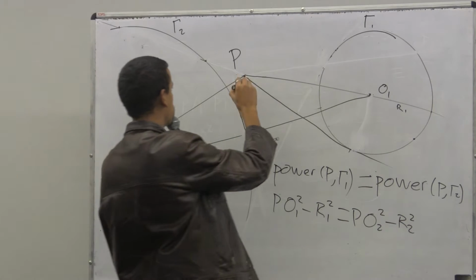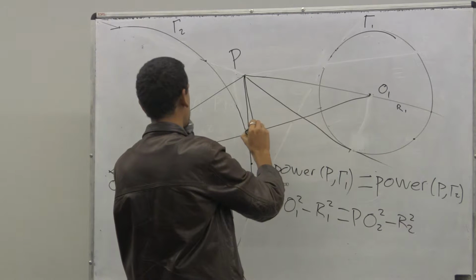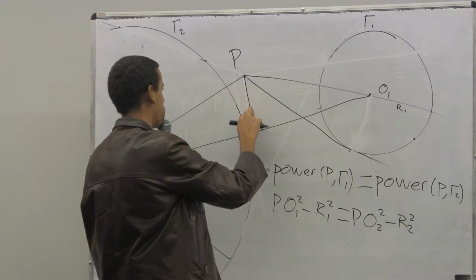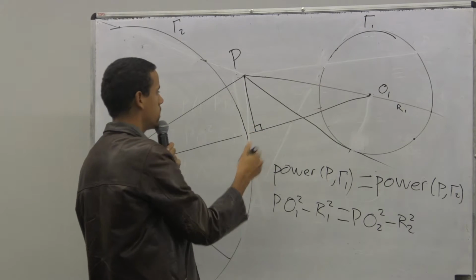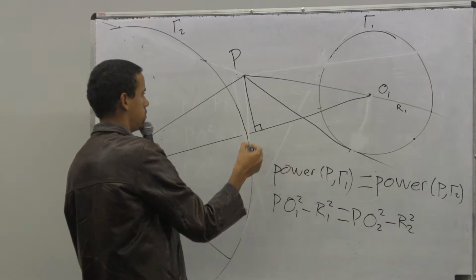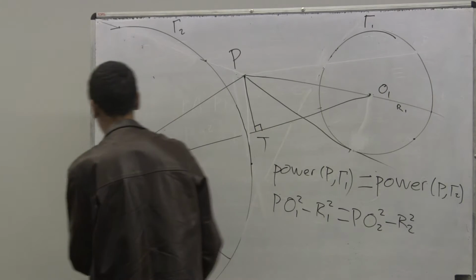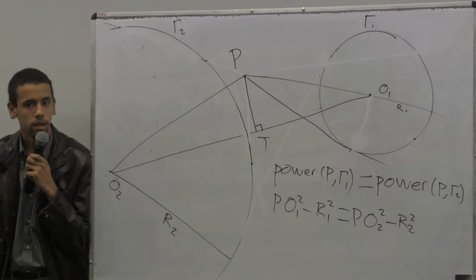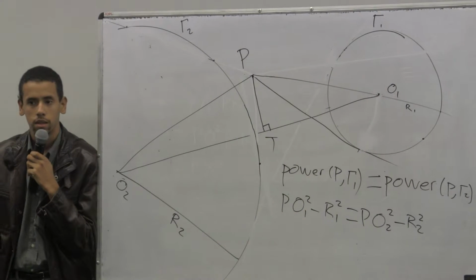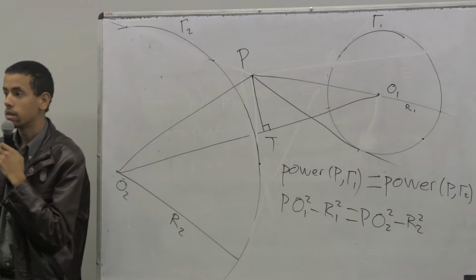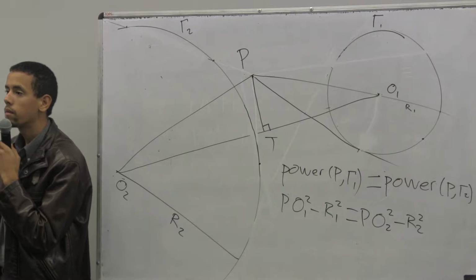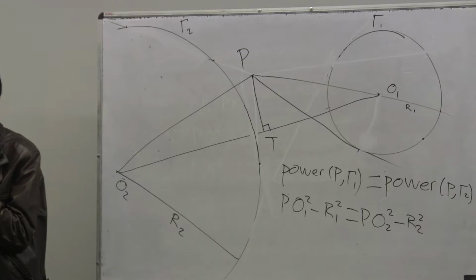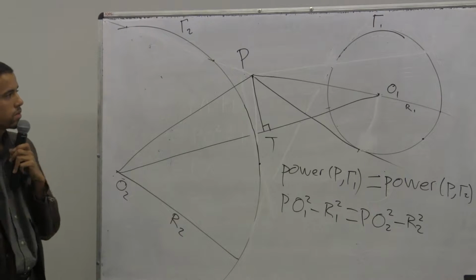Okay, but what if we took P and we dropped a right angle onto that line connecting the two centers? Let's call this point T. Then what can we do? You can use Pythagoras.